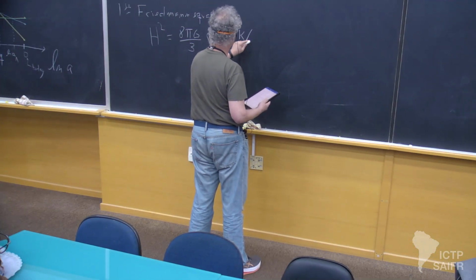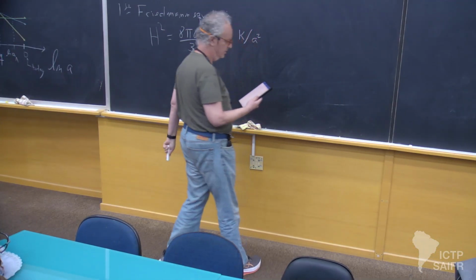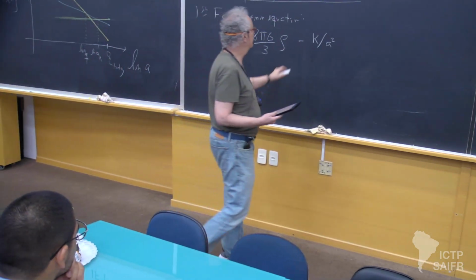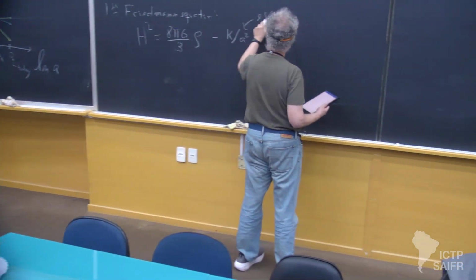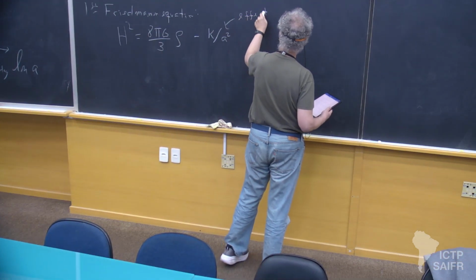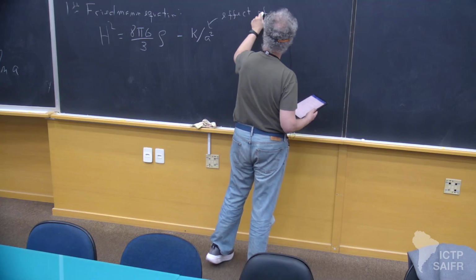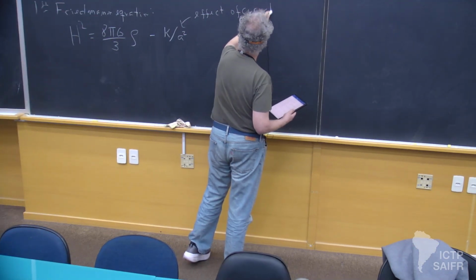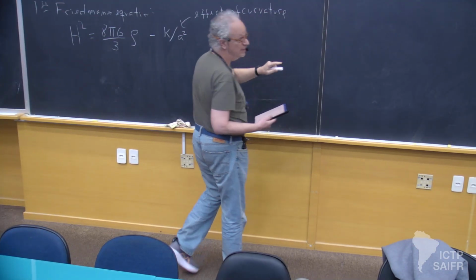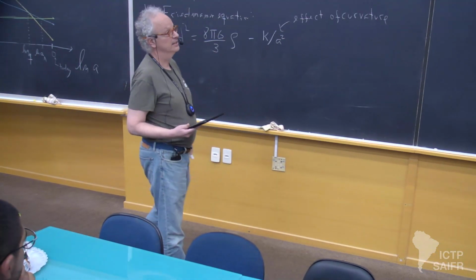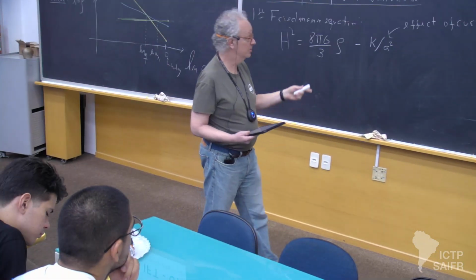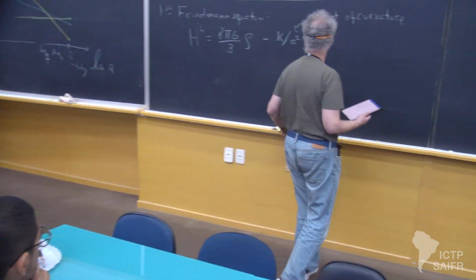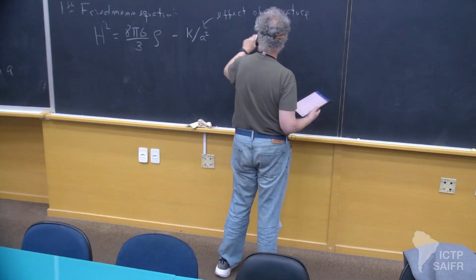I'm just going to write it, because we're going to forget it very soon again. This is the effect of curvature. This is the scale factor. Again, you can get this by modifying the Friedmann-Robertson-Walker metric to include curvature. That's not difficult. So this is the effect of curvature.